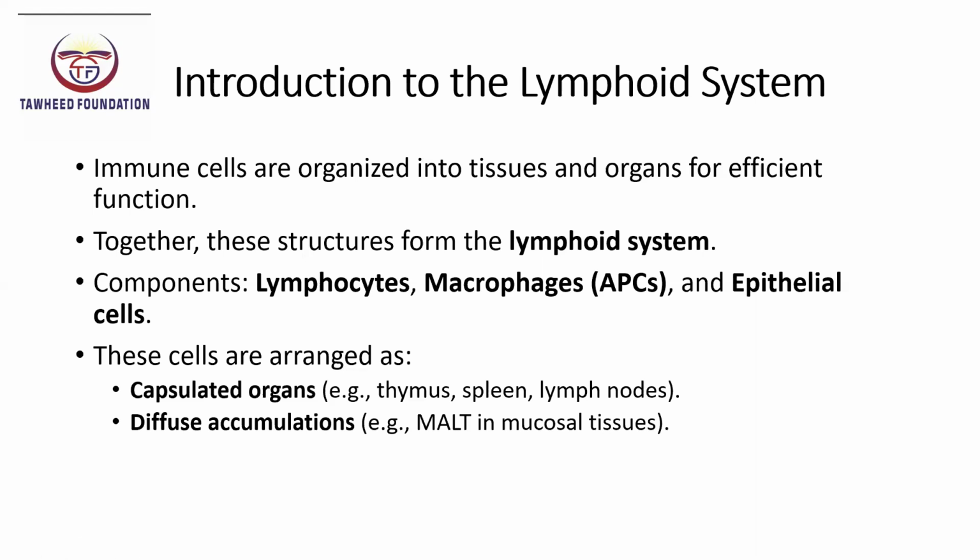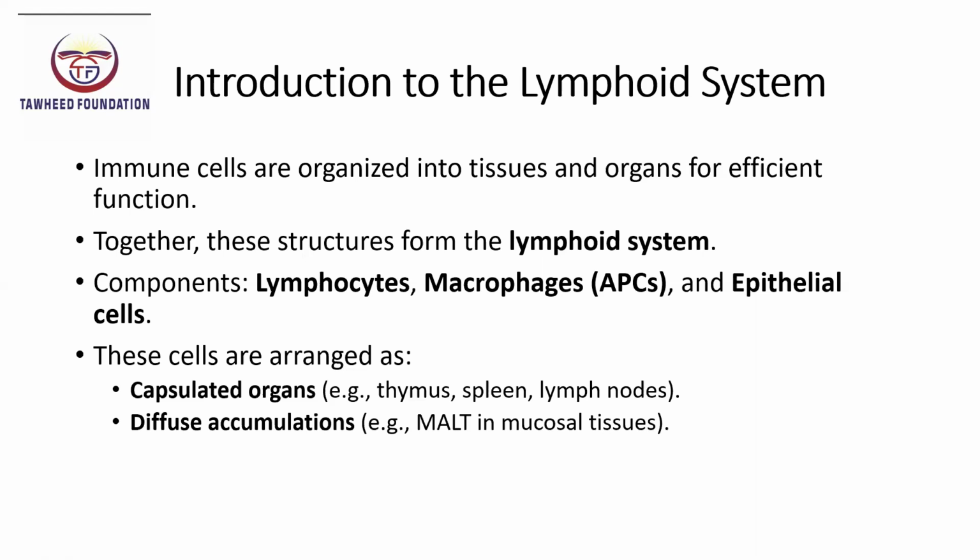Immune cells are not scattered randomly. They are organized into specialized tissues and organs that allow efficient immune surveillance, communication, and response. These collectively form the lymphoid system. Its major cellular components are lymphocytes, macrophages, that is antigen presenting cells, and epithelial cells that provide structural support or regulatory signals.